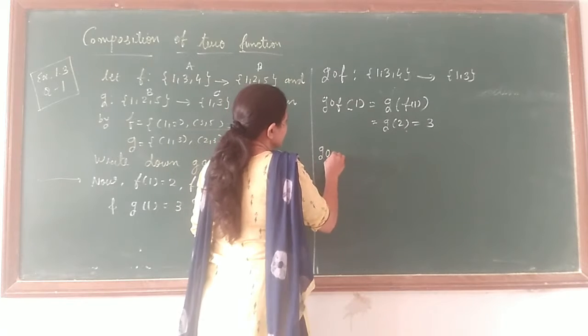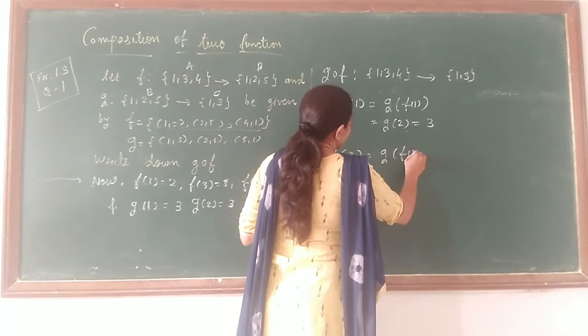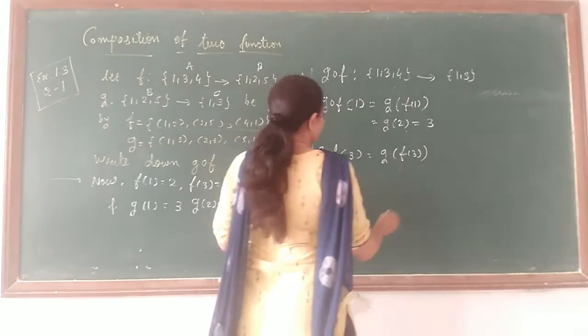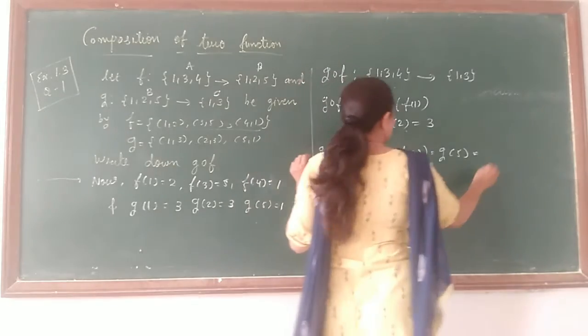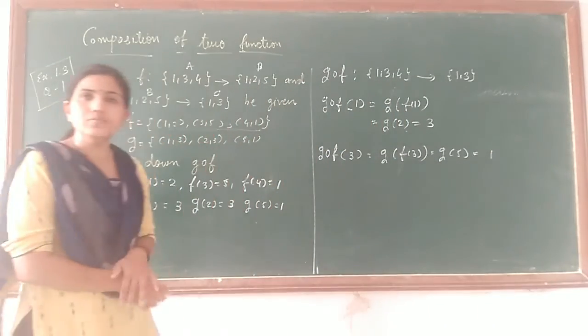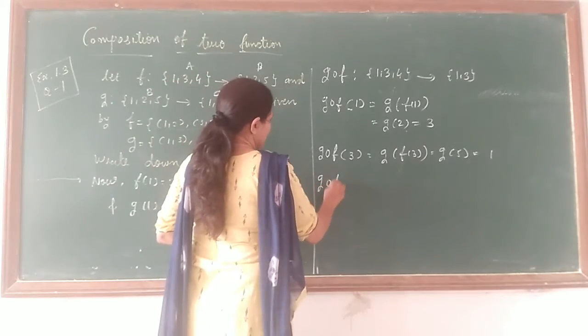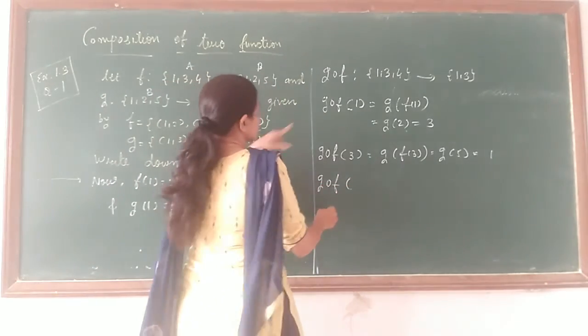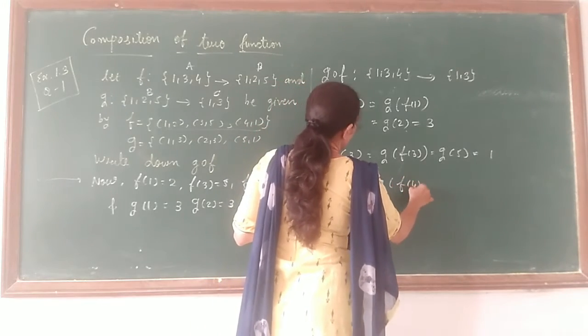If I want to find g of f of 3, then this is g of f of 3 and 3 is going to 5. So this is g of 5 and g of 5 is 1. Done. So this is the definition. Which is the next element? 4. That means this is g of f of 4.